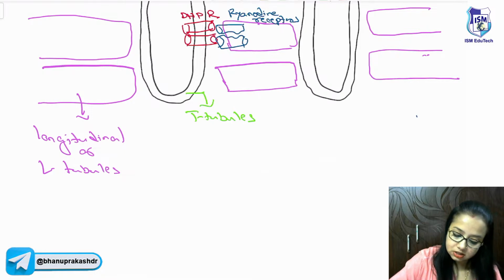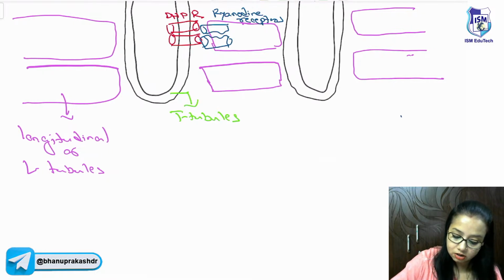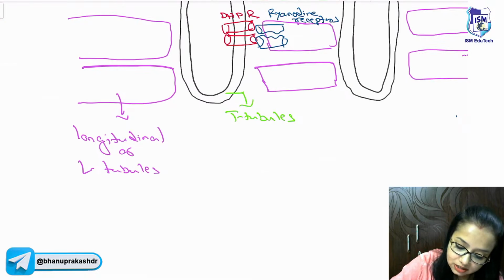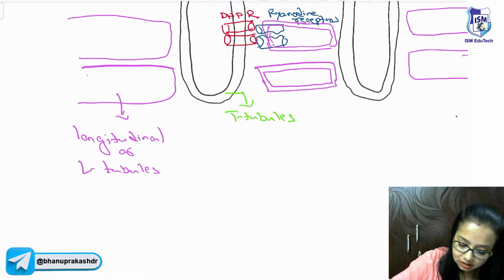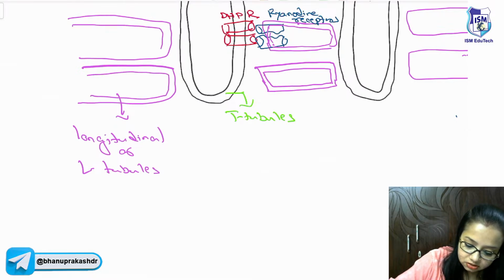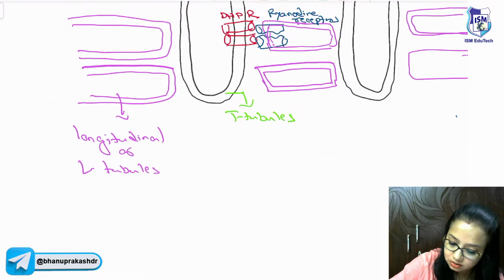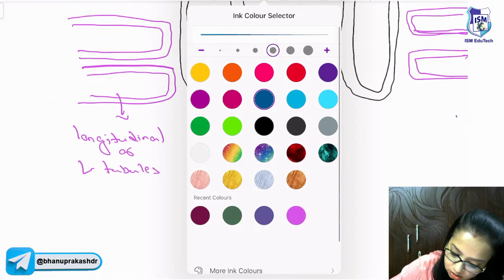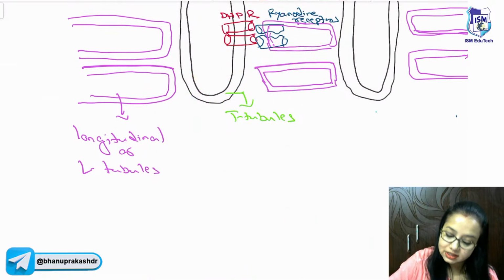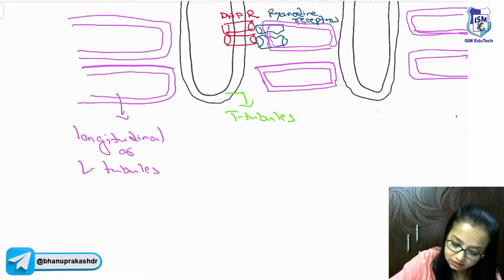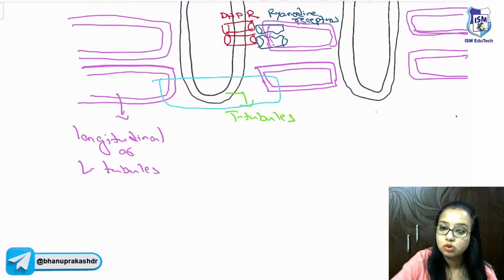These longitudinal tubules are part of a Solon structure. It lies like a Solon structure on either side of the transverse tubule. So if you look at it, there is a segment or a portion of the T tubule, and on either side lies a Solon structure.